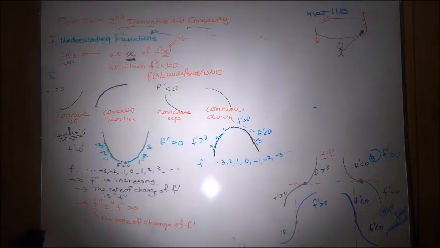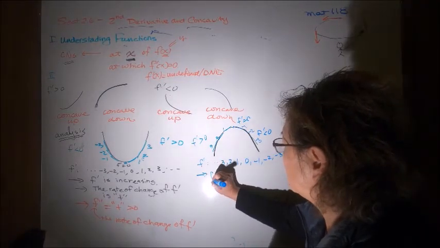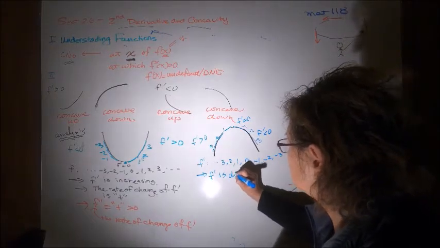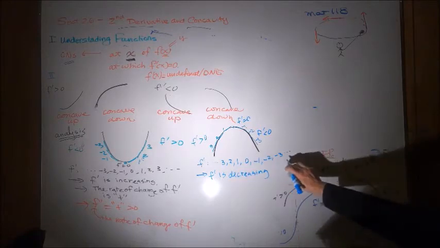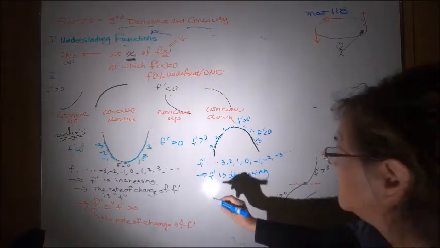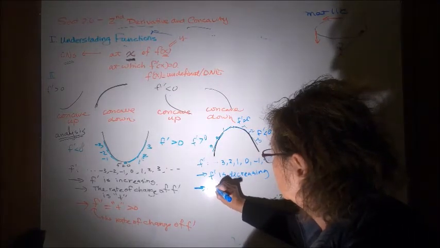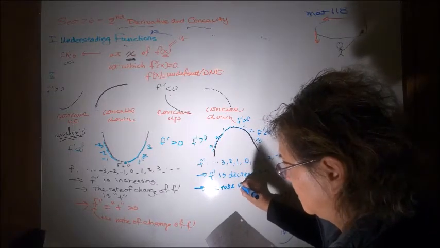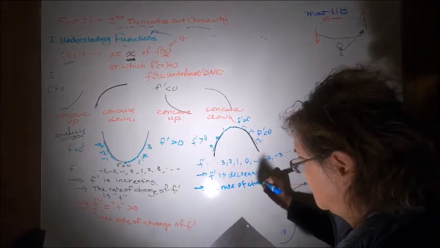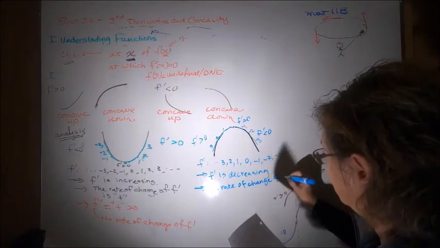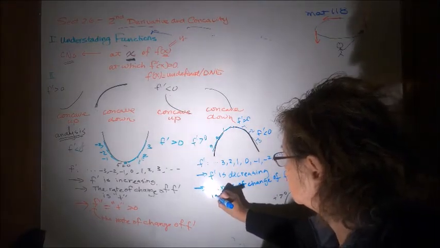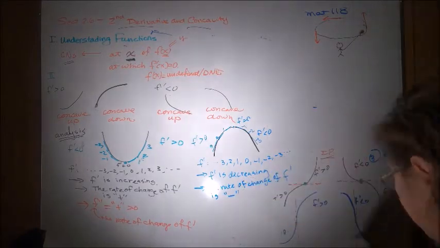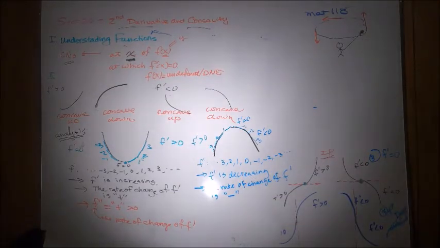So what happened? Your f prime is decreasing, right? From a high number to a low number. So what do we have? The rate of change of f prime is negative, right?